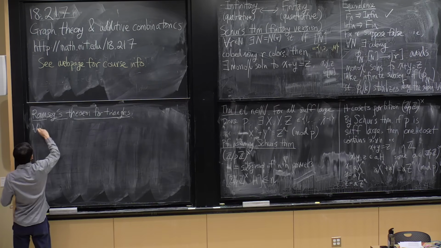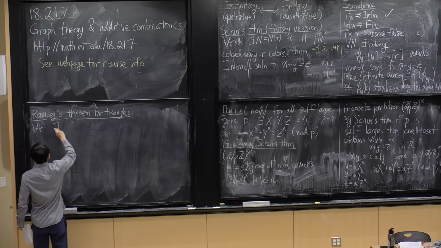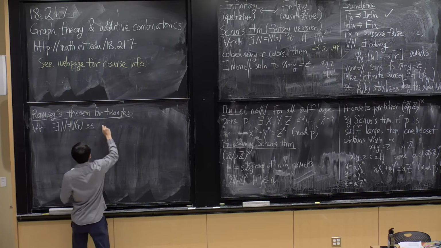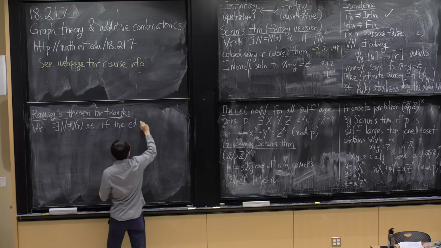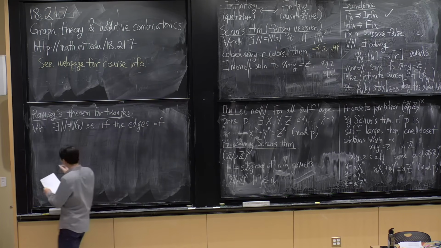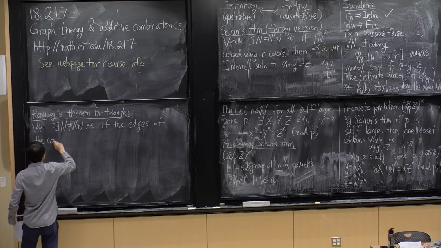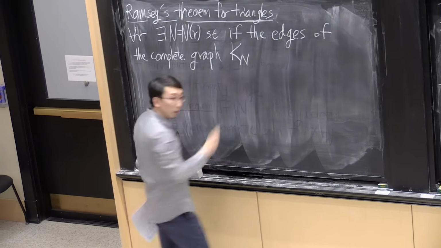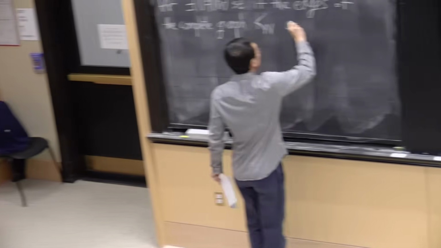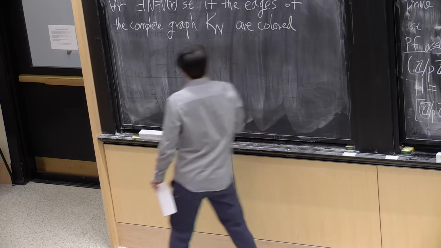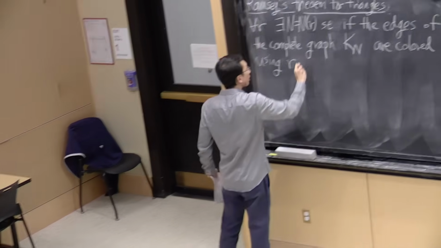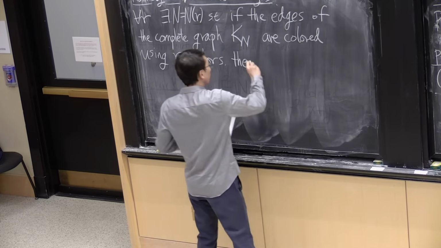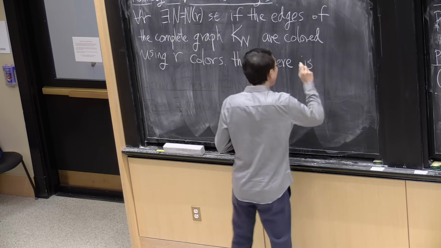That if you give me an R, the number of colors, then there exists some large n such that if the edges of the complete graph K sub n on n vertices are colored using R colors, then there exists a monochromatic triangle somewhere.